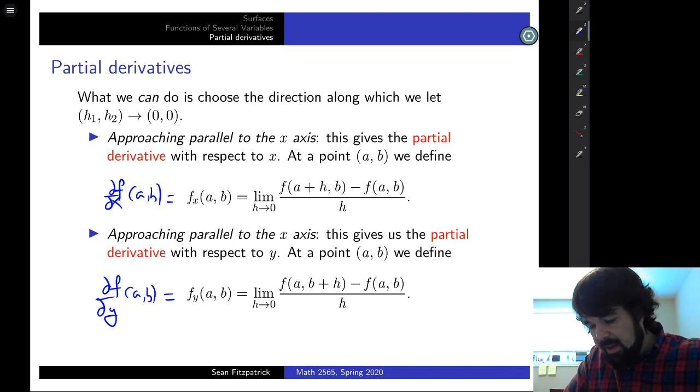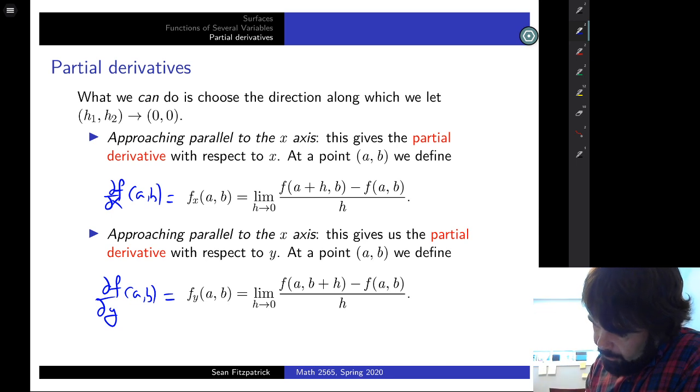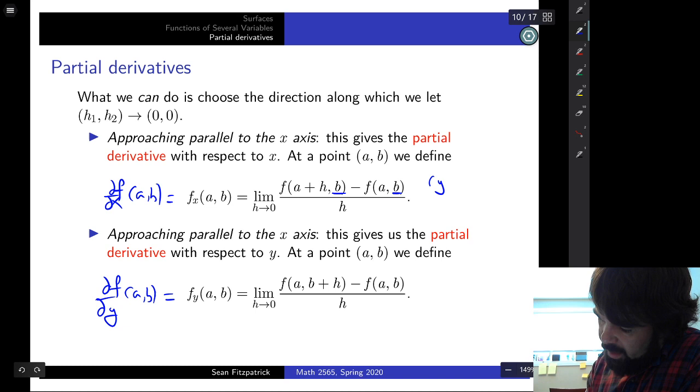And so the idea here is basically when you're doing the partial derivative with respect to x, right? Notice that we take y as constant. We're holding y constant, and we're taking the derivative with respect to x, right?